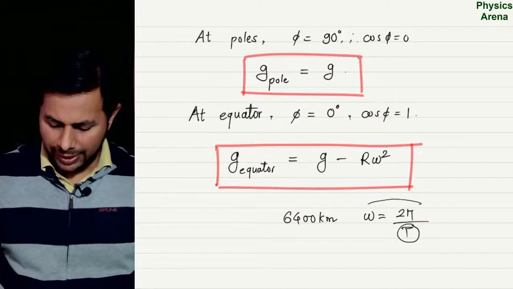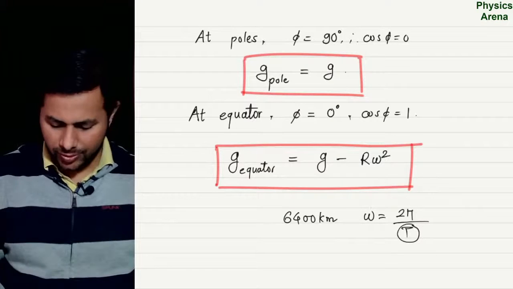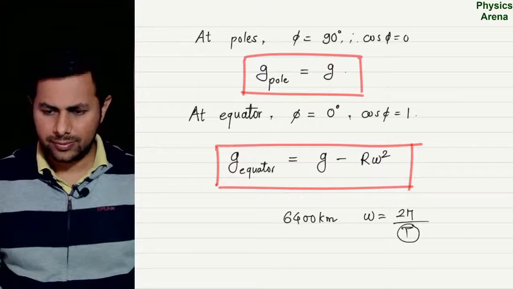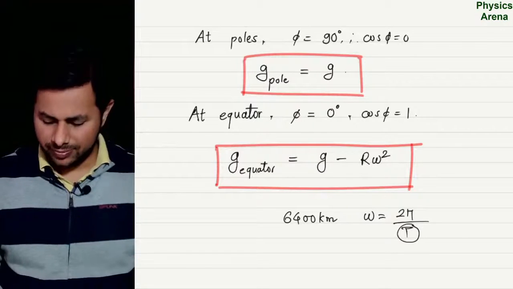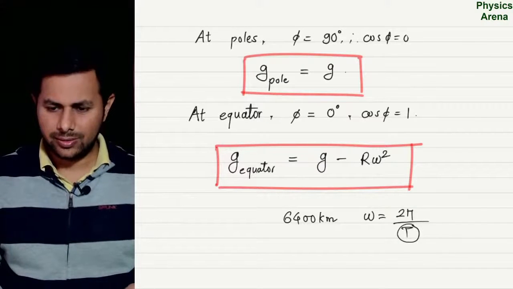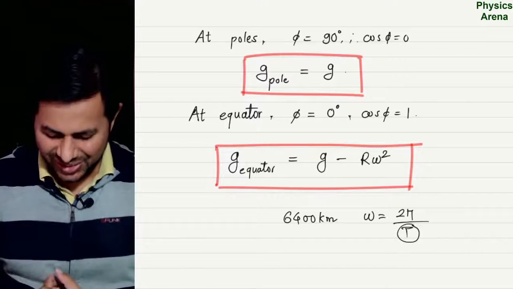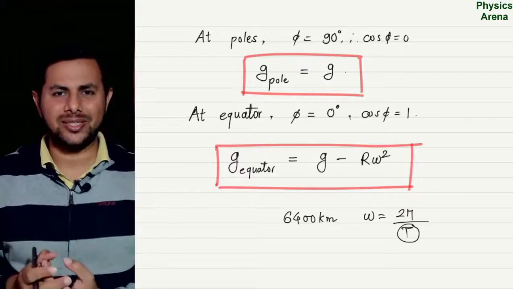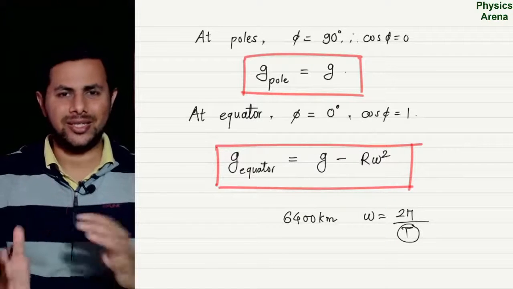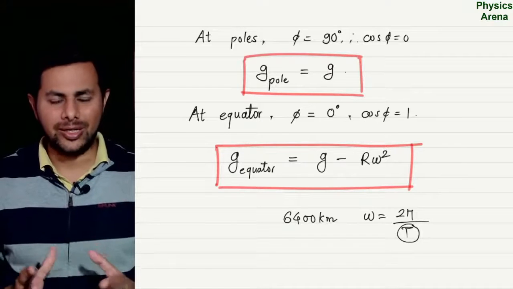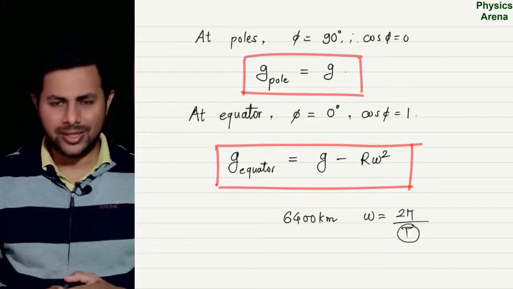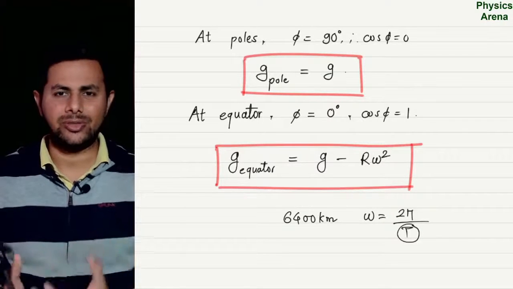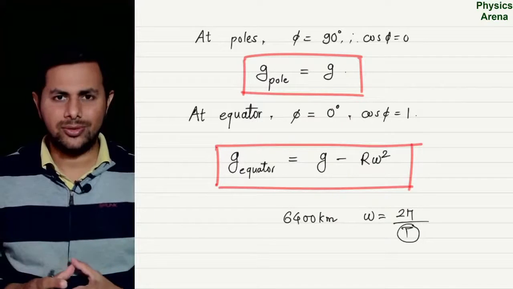So to find omega, we have to use this formula only, 2 pi divided by capital T. The angle made by rotation. Yeah, in principle, you can do that. So you can find out, let's say in 6 hours, the earth will rotate by 90 degrees, in 3 hours by 45 degrees or so. Am I correct? Yes. So then how much time has elapsed, and you can substitute that, but we don't need to do that, right?